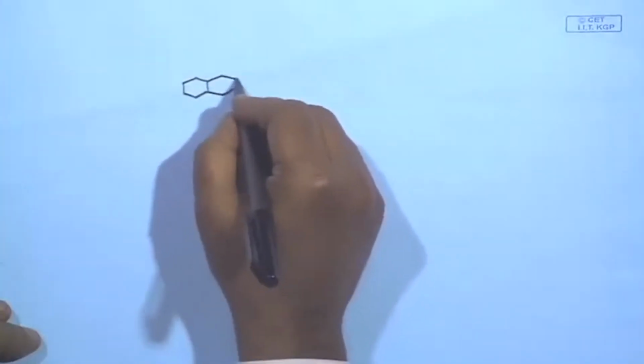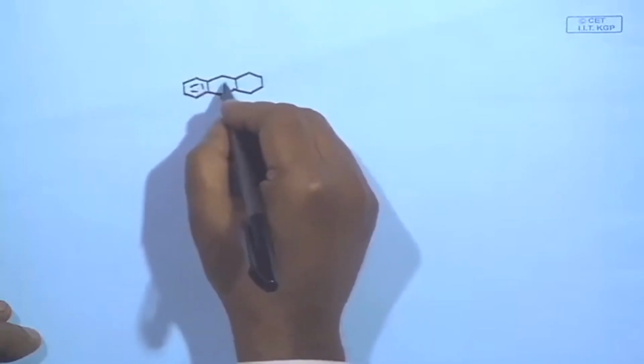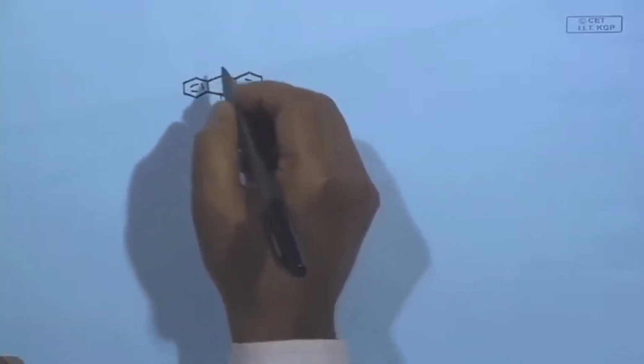That was a reaction between a molecule of this kind. When I say a molecule of this kind, we should not talk like this, we have to tell the specific name. By now, all of us know the name of this nucleus. What is the name of the nucleus? Good, acridine.